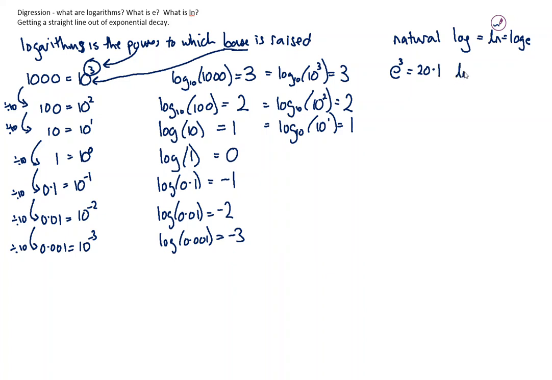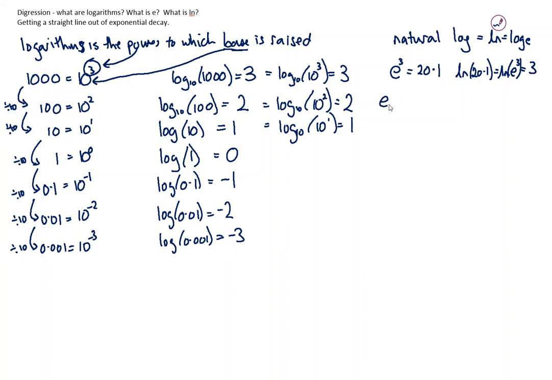So the natural log of 20.1 is the natural log of e to the 3, which is 3. It's the power to which the base has been raised. So I took e and raised it to the power of 3, and then asked, what's the ln of e to the 3? It's just the power 3.